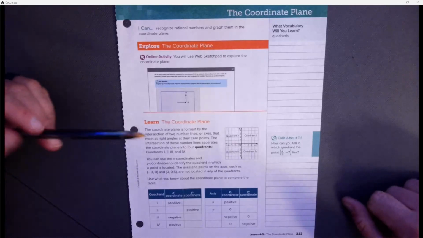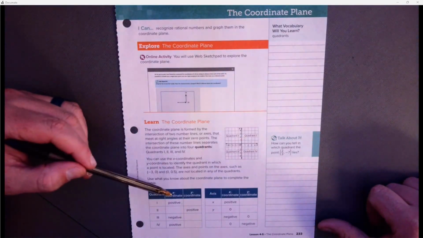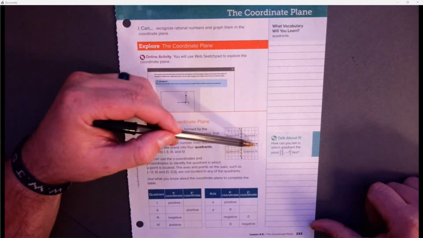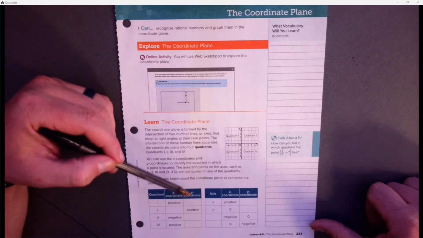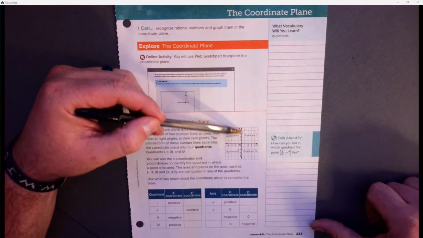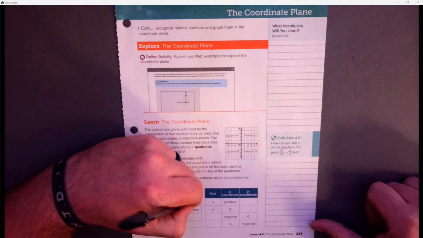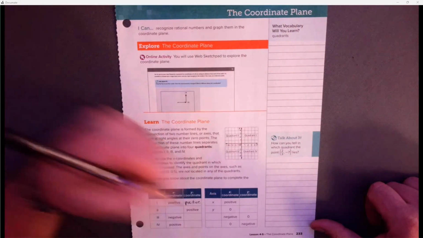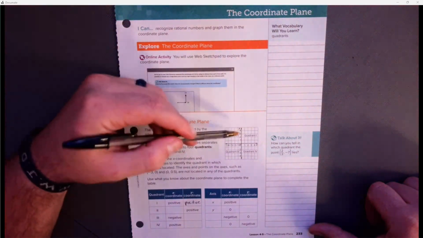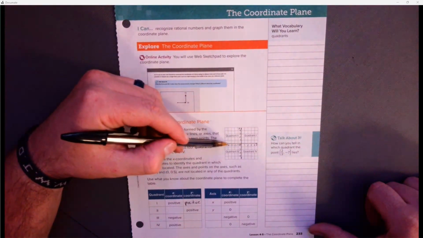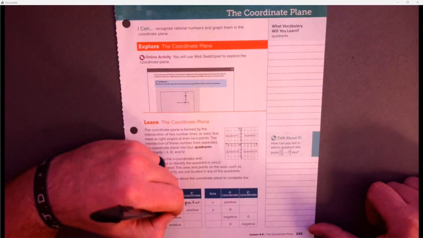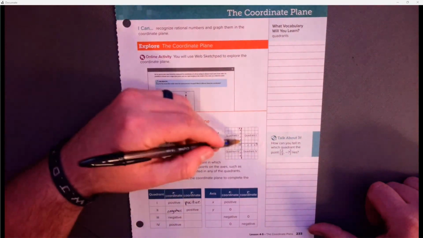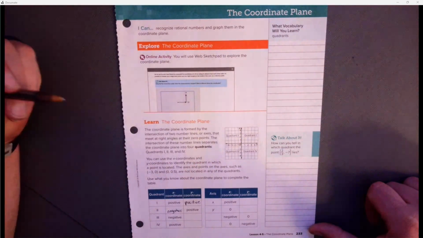So what we see here is quadrant 1, the x coordinate is positive because in quadrant 1 the x is positive, and the y coordinate, the y, is also positive. In quadrant 2, we see the x coordinate is negative, and the y coordinate is positive.